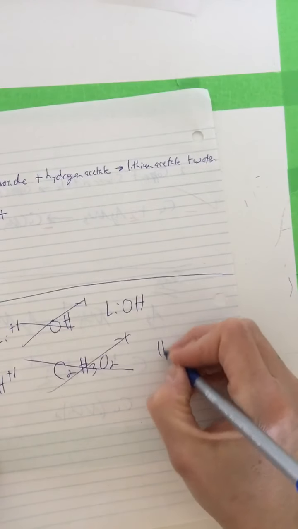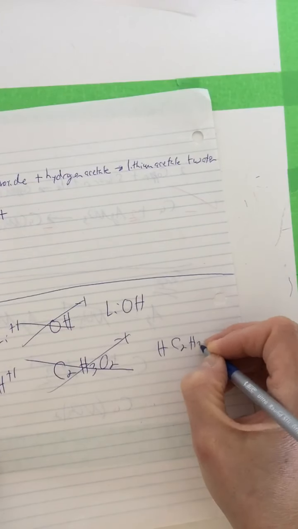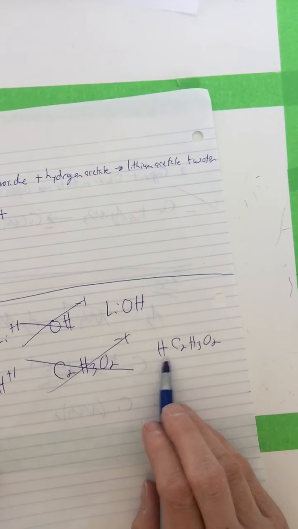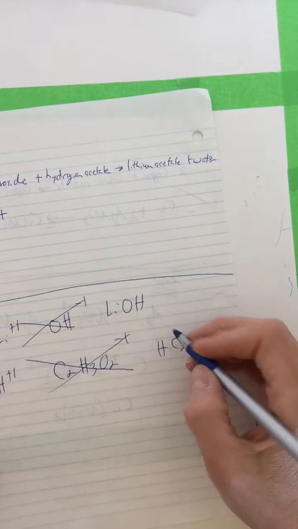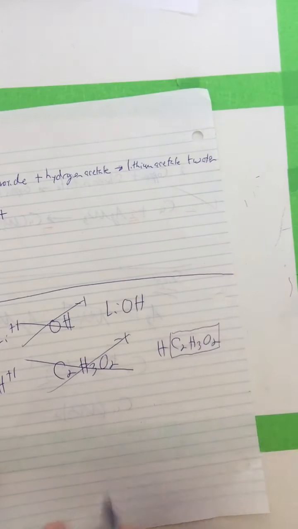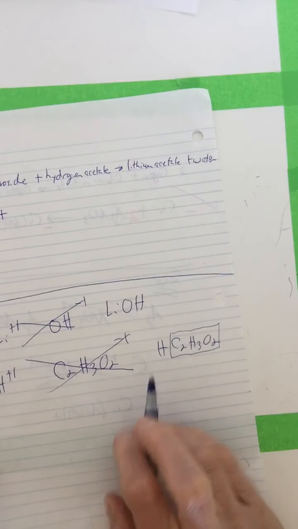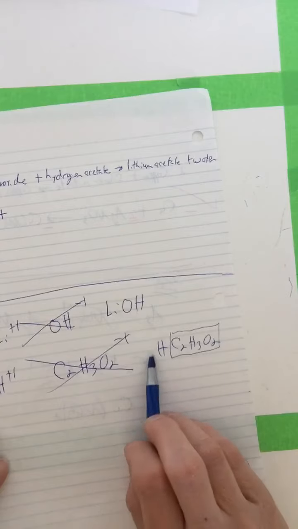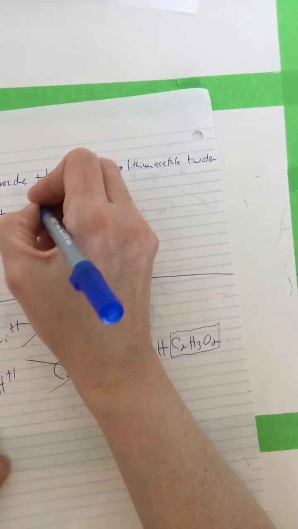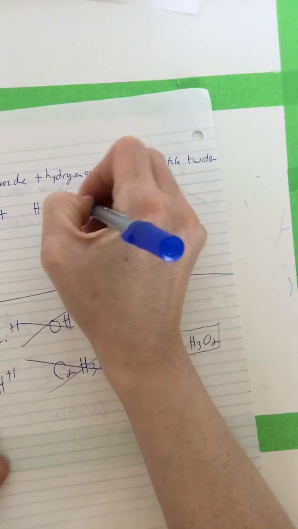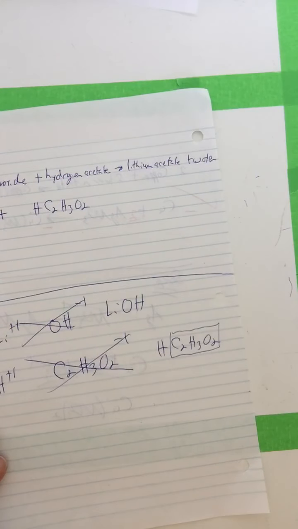Crisscross, I get HC2H3O2. I do not add this H in here. I don't say it's C2H4O2. I leave the polyatomics together. I don't break them up unless I have to, and this hydrogen attached to that. So you leave that together. So hydrogen acetate is just HC2H3O2. That's what that looks like, hydrogen acetate.